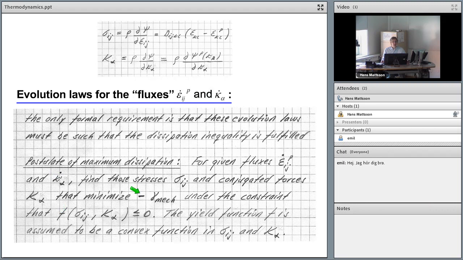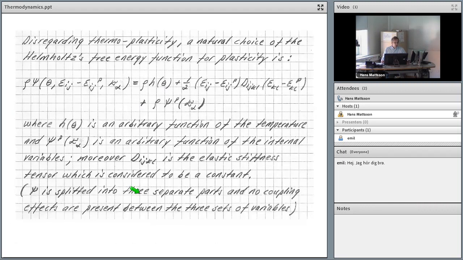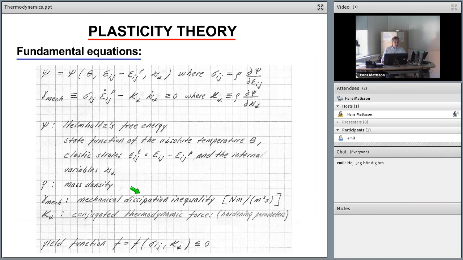In optimization literature, we are minimizing things. What we want here is to maximize the mechanical dissipation inequality. We want to have it as large as possible. But in mathematics, we deal with minimization problems, and therefore, instead of maximizing this mechanical dissipation, we are minimizing minus the mechanical dissipation.